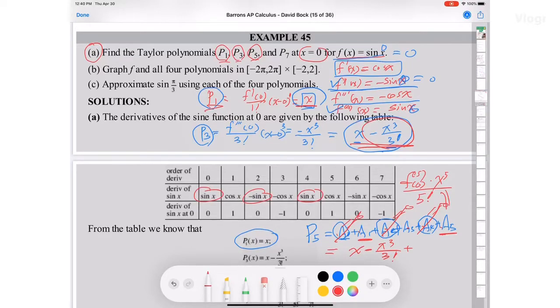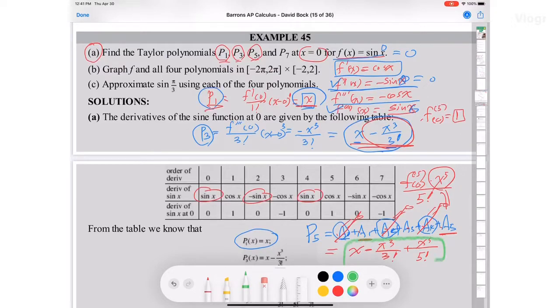And the fifth derivative of 0 is cosine 0, which is 1, right? Sine x's derivative is cosine x, plug in 0, that's 1. So that is 1 over 5 factorial times x to the 5th power.